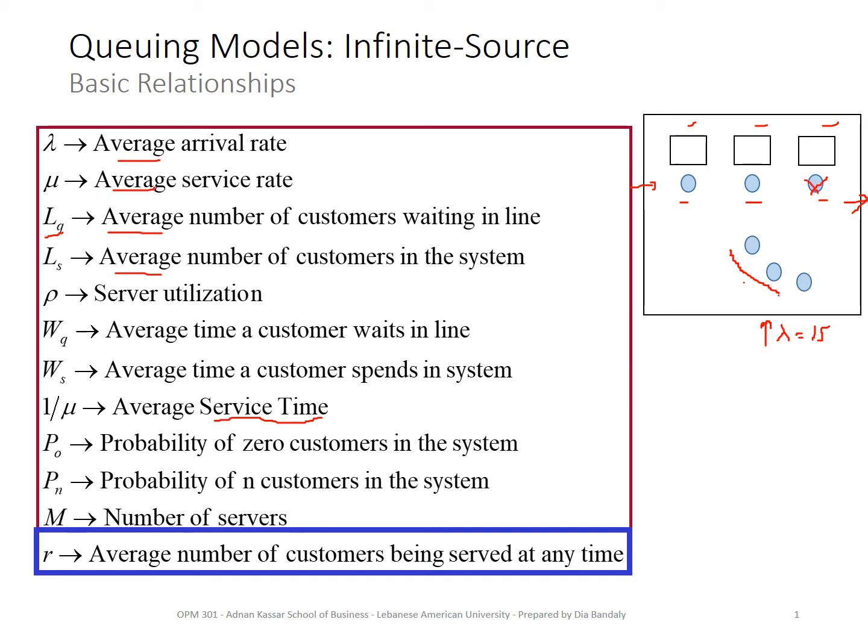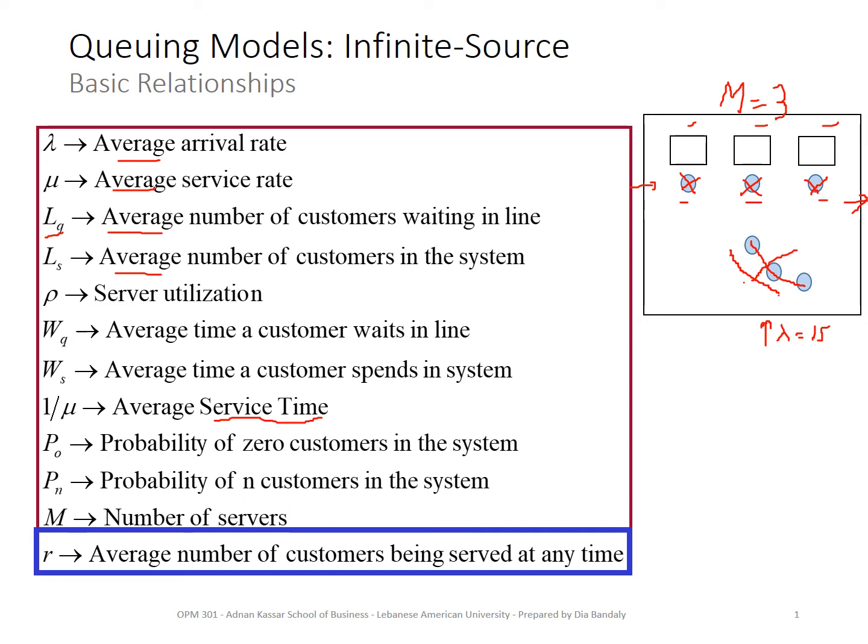And of course, if you don't see anyone here, that means no one is also here. That means I have 2 people being served. Or I can see 1 person served. Or I cannot see anyone, which is P0, right? No one is in the system. So if M is equal to 3 in this case, small r can be either 0 or 1 or 2 or 3.